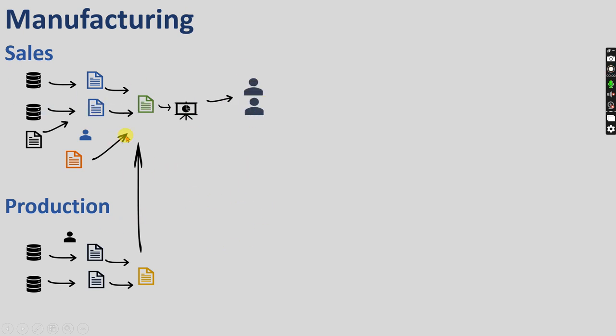Now this set of information will pass to certain users, and the production team will pass certain information to some users. Let's call them managers: production manager and sales manager. And there can be a CEO or director or whoever is in charge of that company. He has to get reports from all these people, from sales and from production, and he will understand what is the status of this organization.